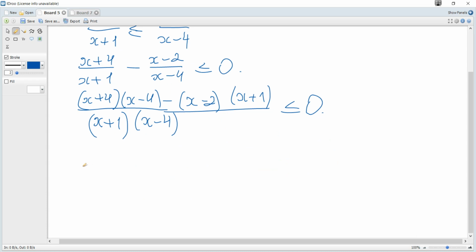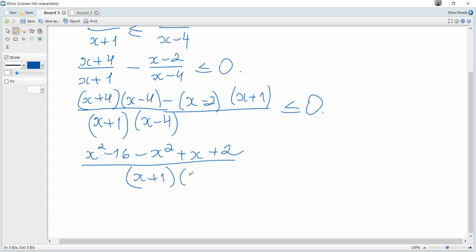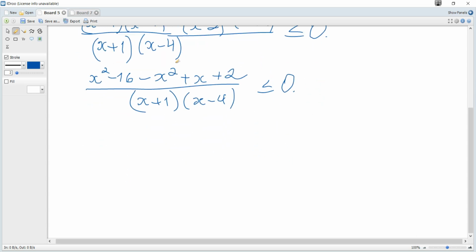Then let's simplify the numerator, and it becomes x squared minus 16 minus x squared plus x plus 2. So we get (x - 14) over (x + 1)(x - 4) is less or equal than 0.